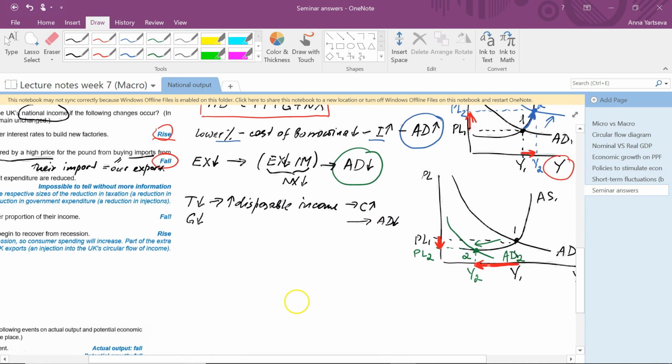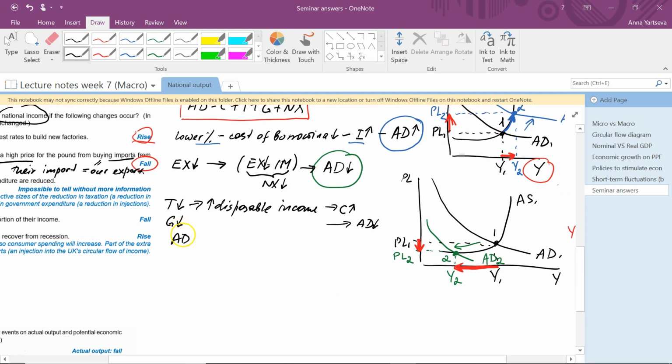It's a component of aggregate demand. Let's recall, aggregate demand is a sum of consumption plus investment plus government expenditure plus net exports. Consumption increases, which will provide a boost to aggregate demand, while government expenditure drops, which will reduce aggregate demand. So we will have two effects in different directions, up and down.